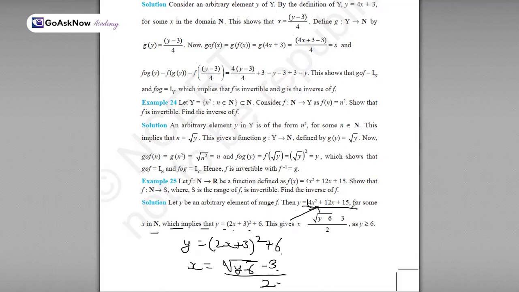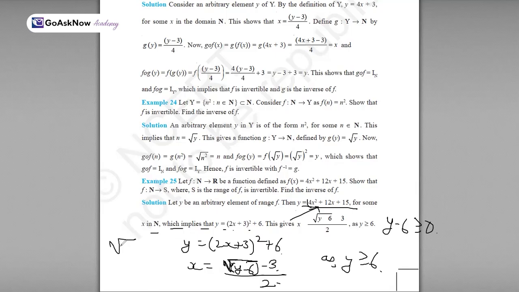And as y is greater than or equal to 6, y should be greater than or equal to 6 because we have the value under the square root. So y − 6 should be greater than or equal to 0. If it is negative, then it will not be a valid function, because any number inside a square root must be greater than or equal to 0.